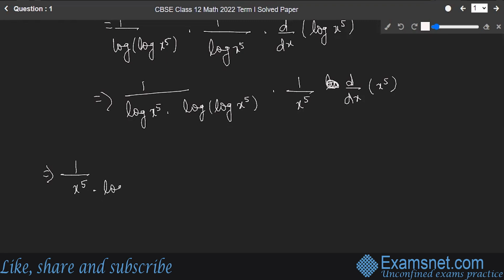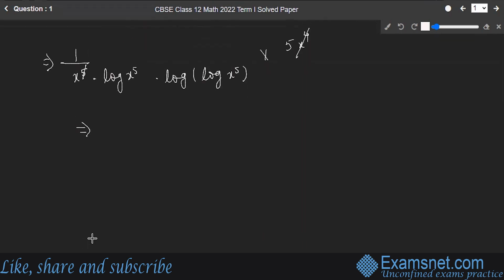What is the derivative of this? It is equal to 5x raised to power 4. So this will cancel, and only 1 x will remain in the denominator.